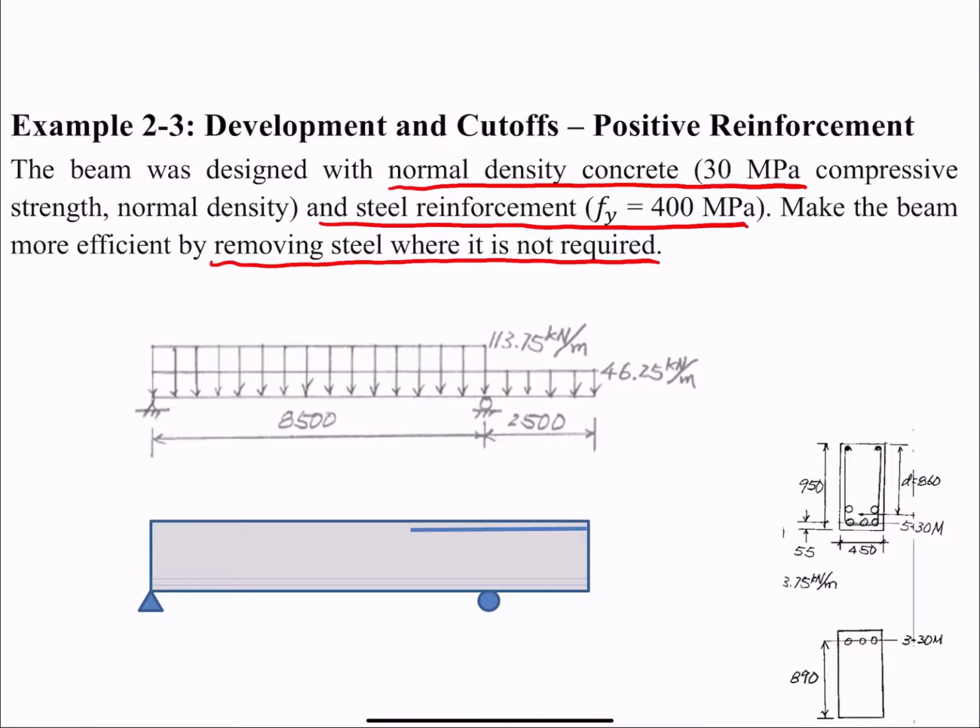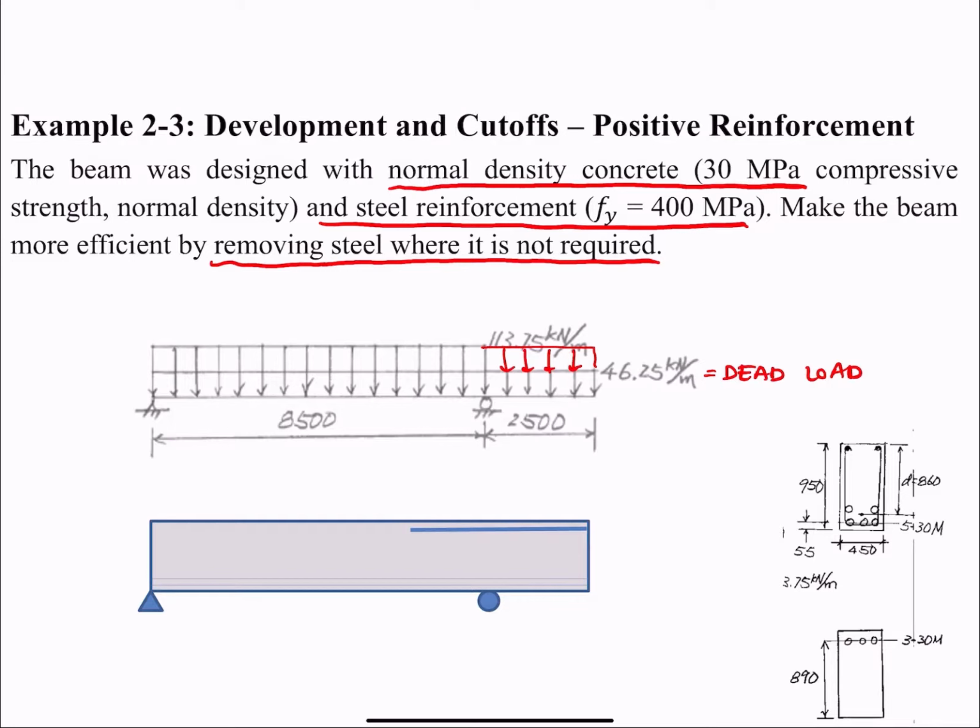So I have this load, and I have here, this is my dead load. And I have here illustrated the total load, I believe. Yeah, because this is the total load equal to 113.75.